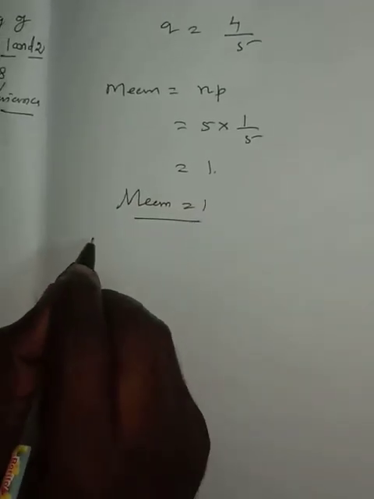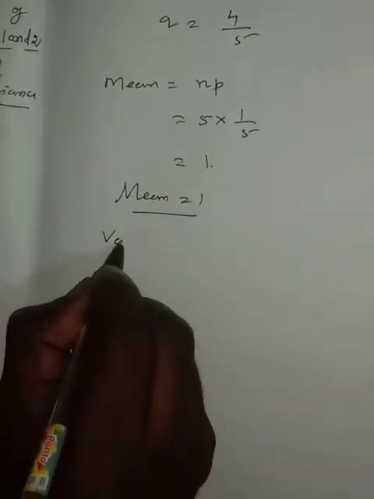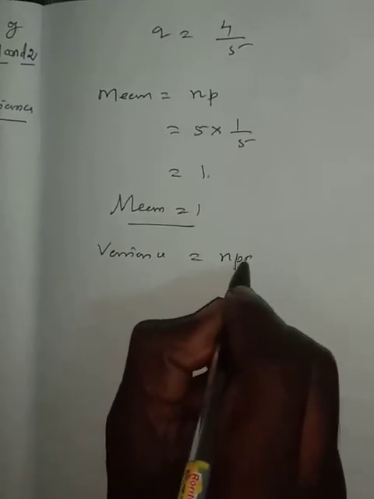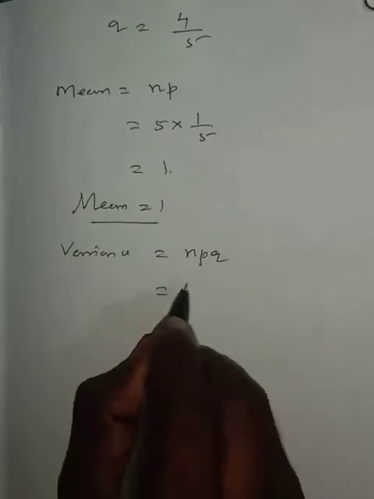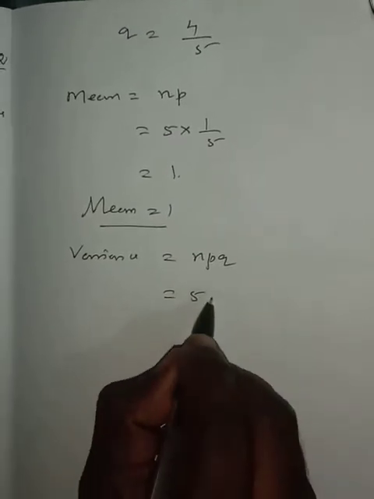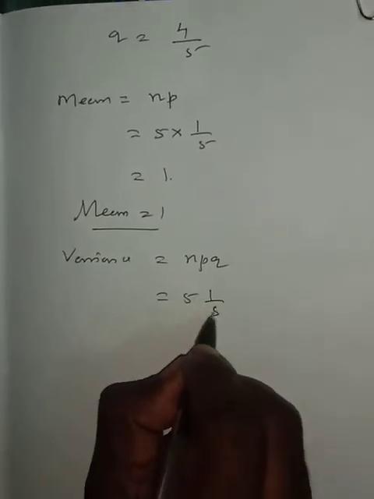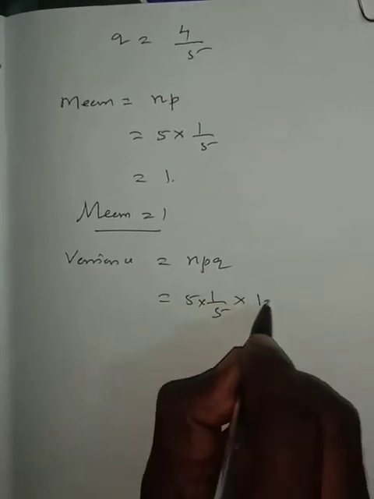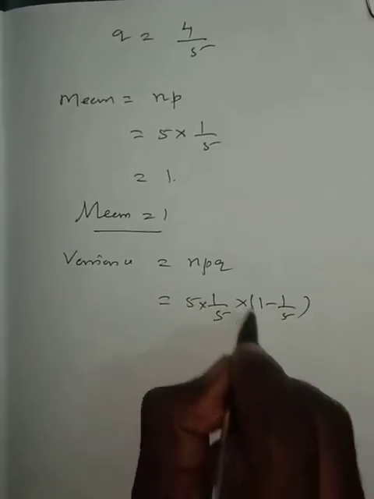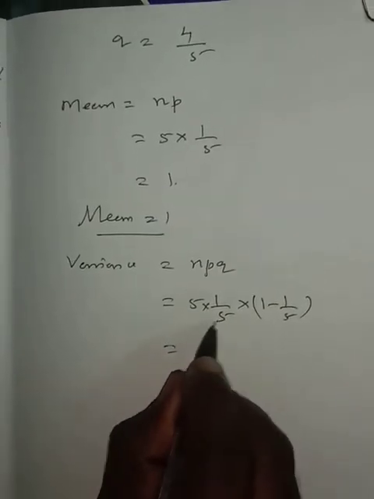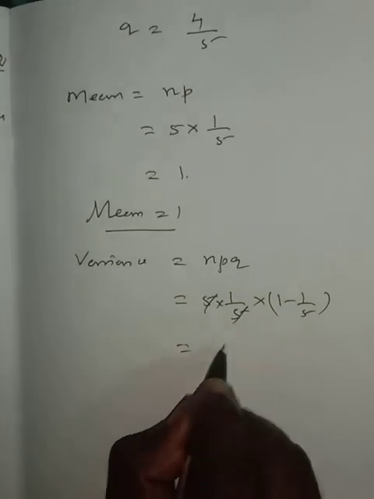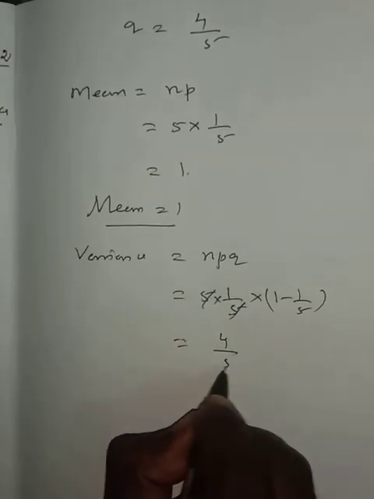Next, variance. Variance is equal to npq. N is 5, p is 1 by 5, q is 1 minus 1 by 5, which is 4 by 5.